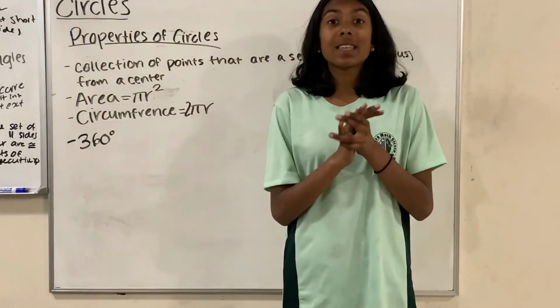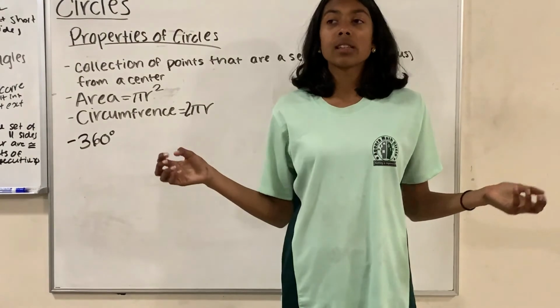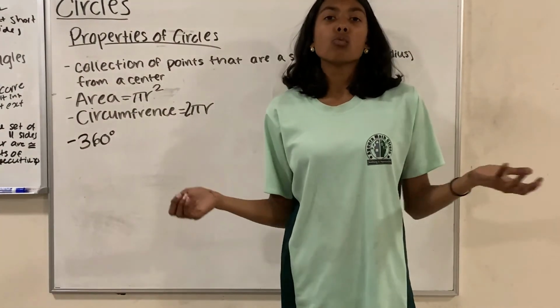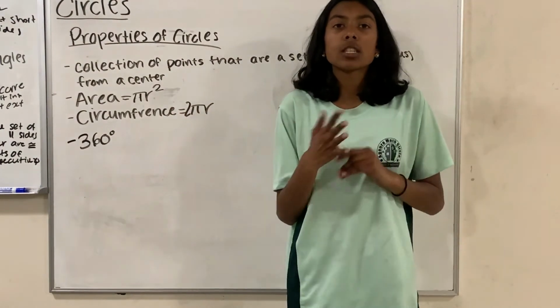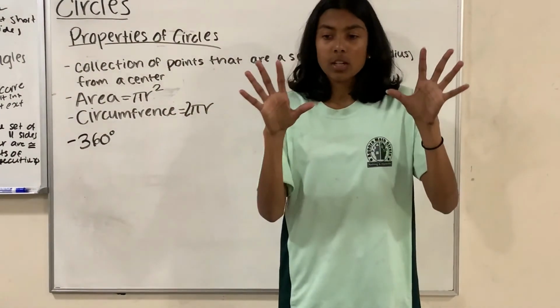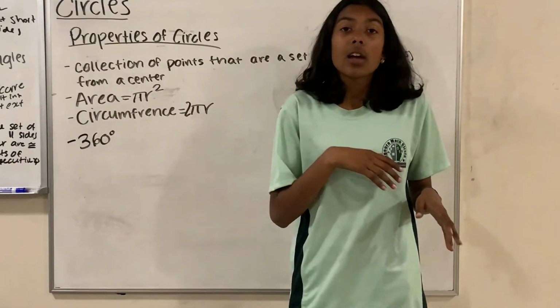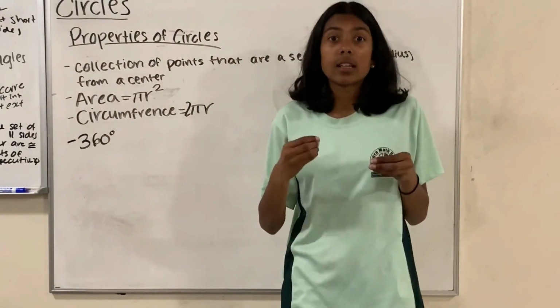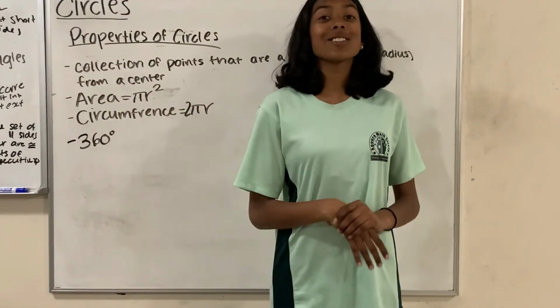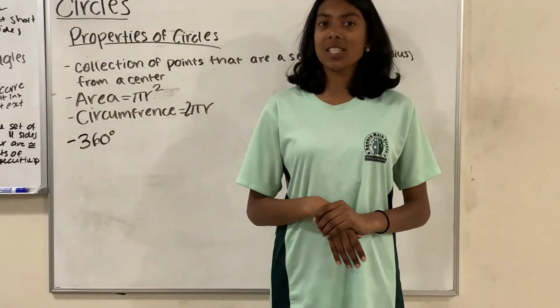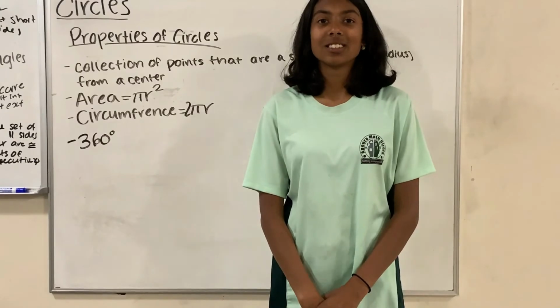That squared represents the second dimension. Because when you write units, if you're doing perimeter or circumference, it's just units or inches or centimeters. But if you have area, it's going to be inches squared, centimeters squared, units squared. And a circle is made up of 360 degrees.